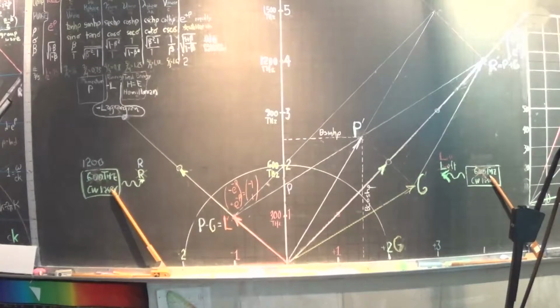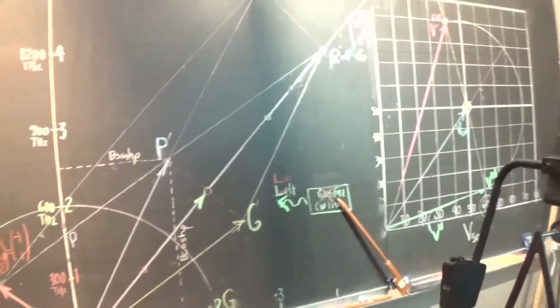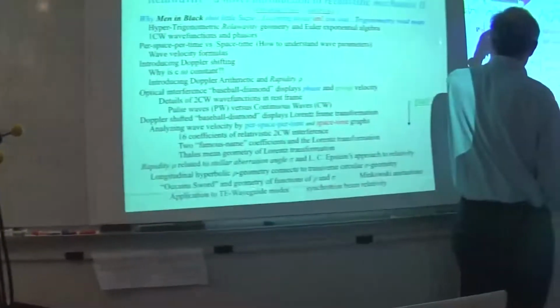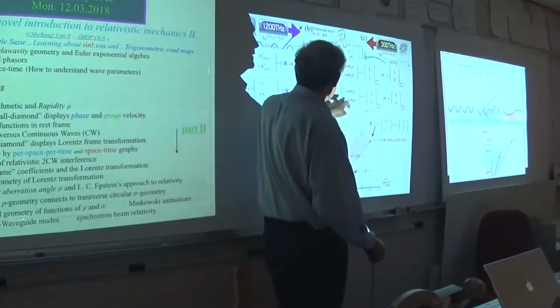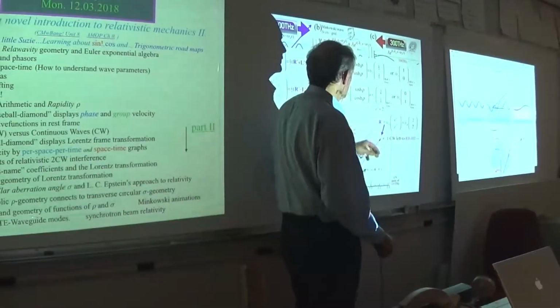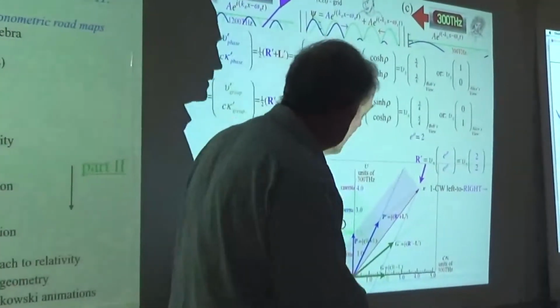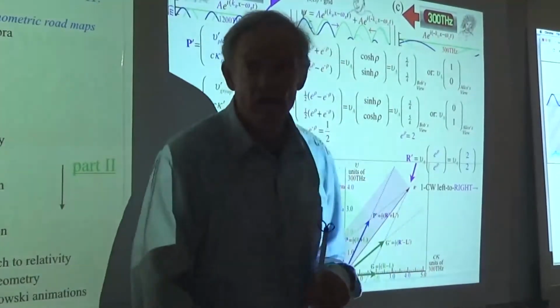So we end up here with one of them being the p vector here being cosh, sinh, and then this one down here using the group frequencies as opposed to the phase frequencies, basically changing the sign in both of those. This one gives us a hyperbolic sine going up and a hyperbolic cosine going across.